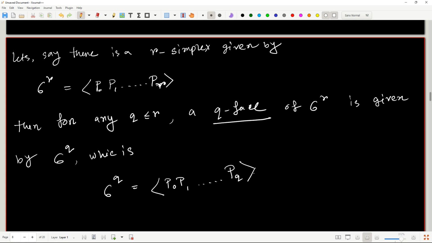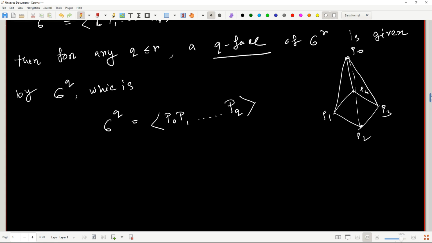So let's take an example to understand what this really means. Again, I'm going to take a three-dimensional example of this polyhedron. So this is P0, 1, 2, 3, 4.